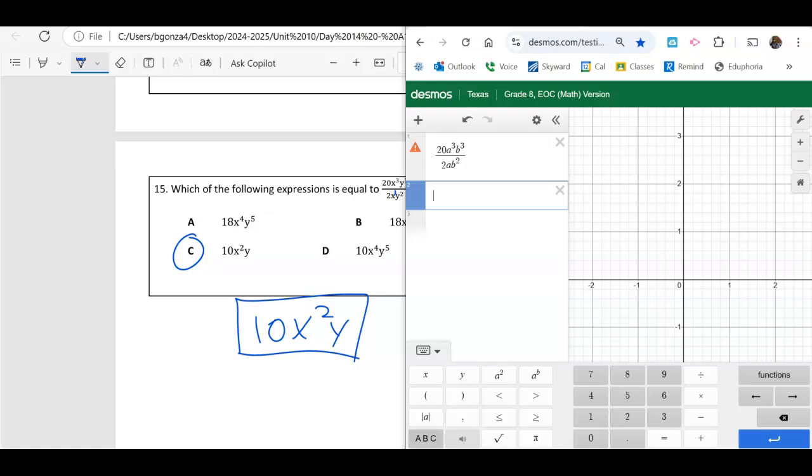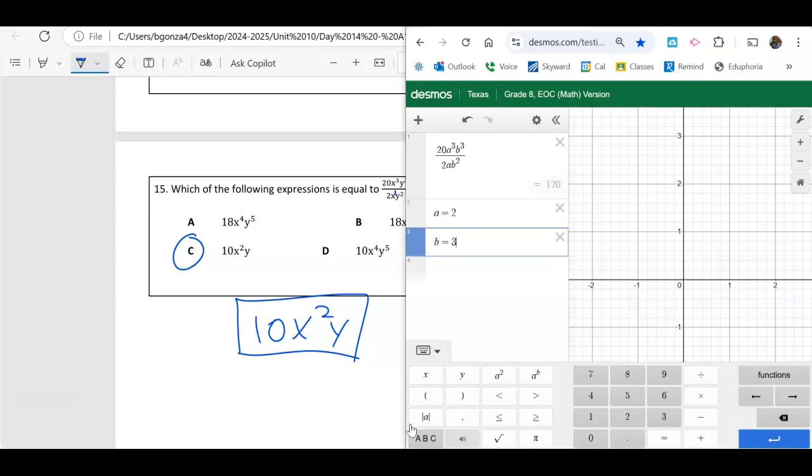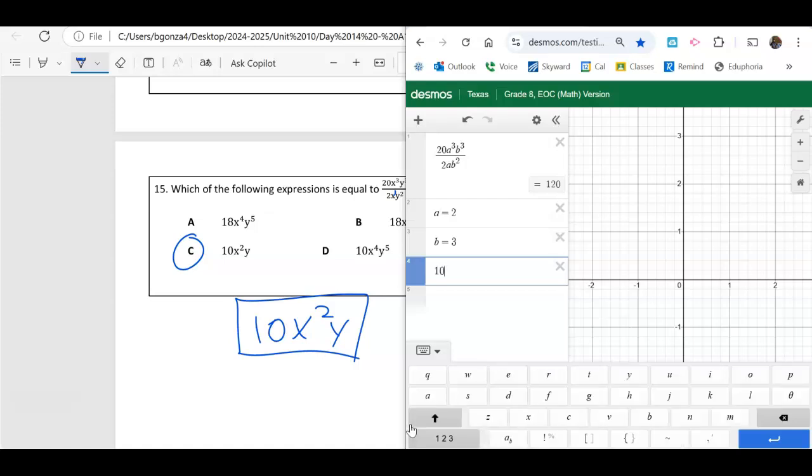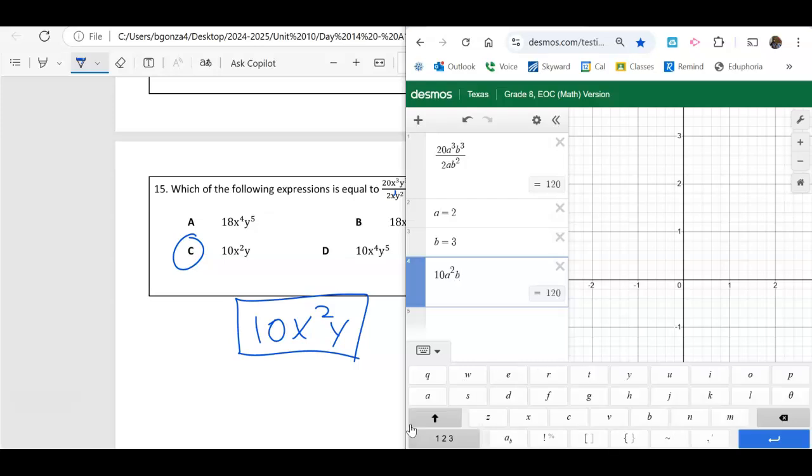Okay, if I do that and I said, hey, a equals something, and then b equals something else, I get 120, and then I type in this answer choice, 10a squared b, they match, 120.